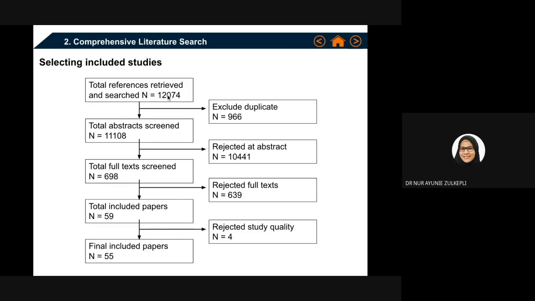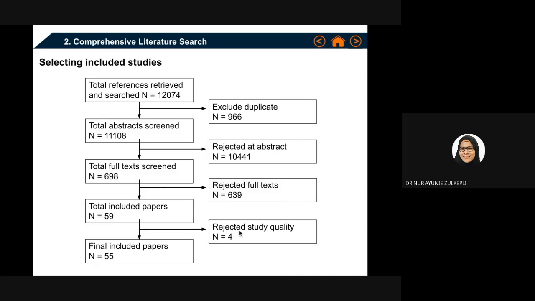I never do that. So I do it here: when I retrieve the full text and read it, sometimes I don't agree with the methodology used, so I reject it. I do not include it in my literature. So after rejecting at the full-text stage, the total included papers remaining is 59, right?